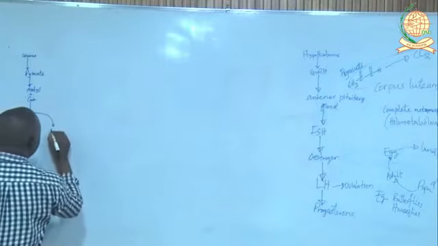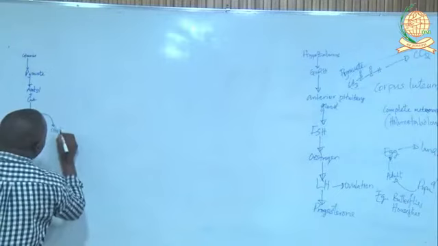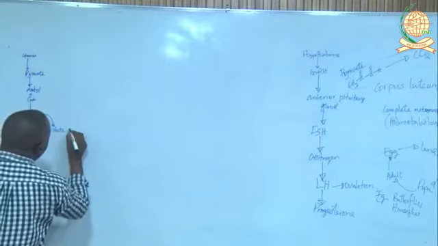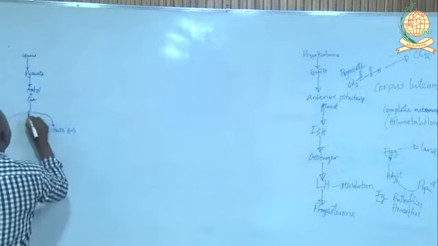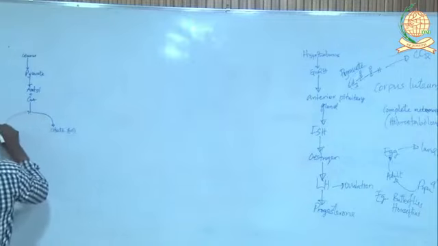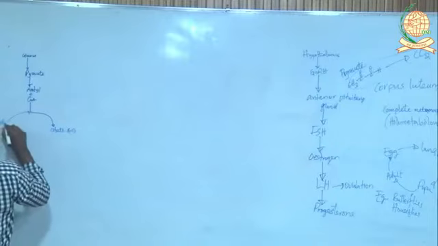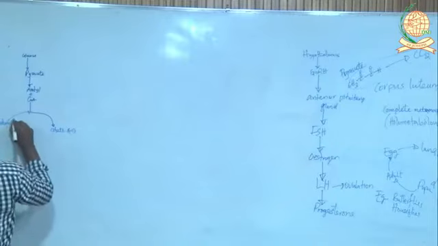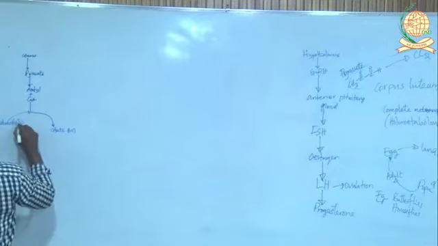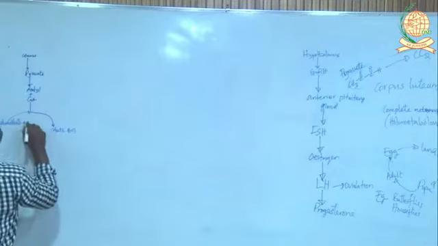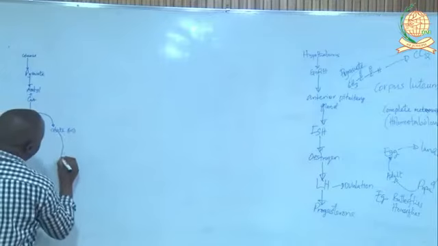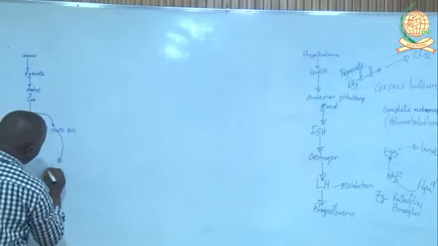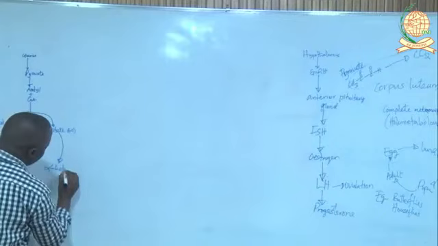It first forms citrate, which is a 6-carbon compound, and here it combines with oxaloacetate, which is a 4-carbon compound. So here then it's converted to alpha-ketoglutarate.